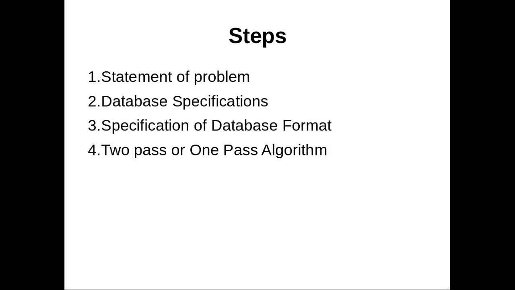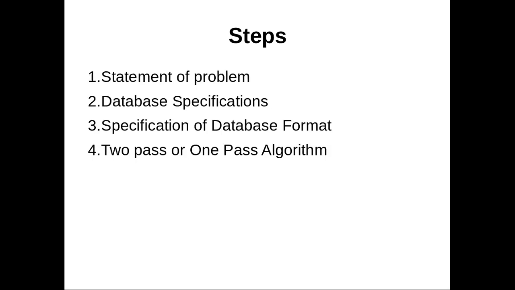In the second step, that is database specifications, in the entire implementation process, if you are using any databases, you have to mention the name and the purposes of the database. And the third step is specification of database format. If we are using any databases, we have to mention the format of the databases and the size of each entry in the databases in the third step.